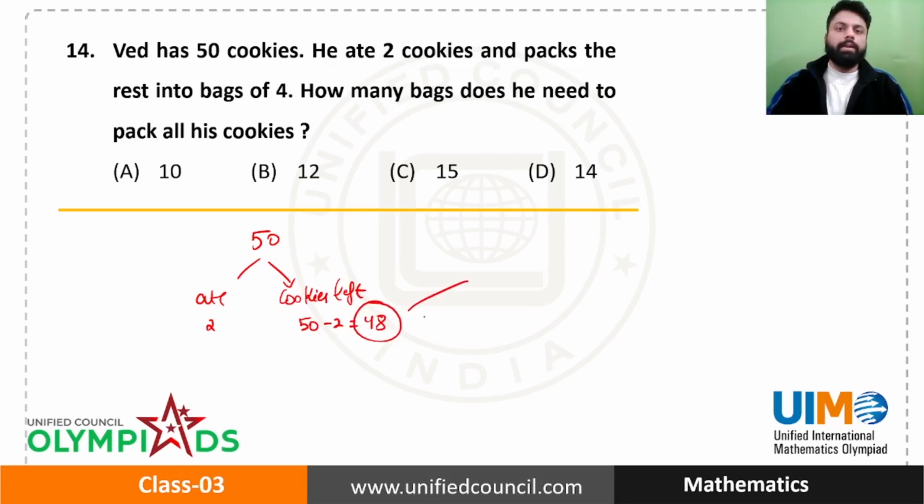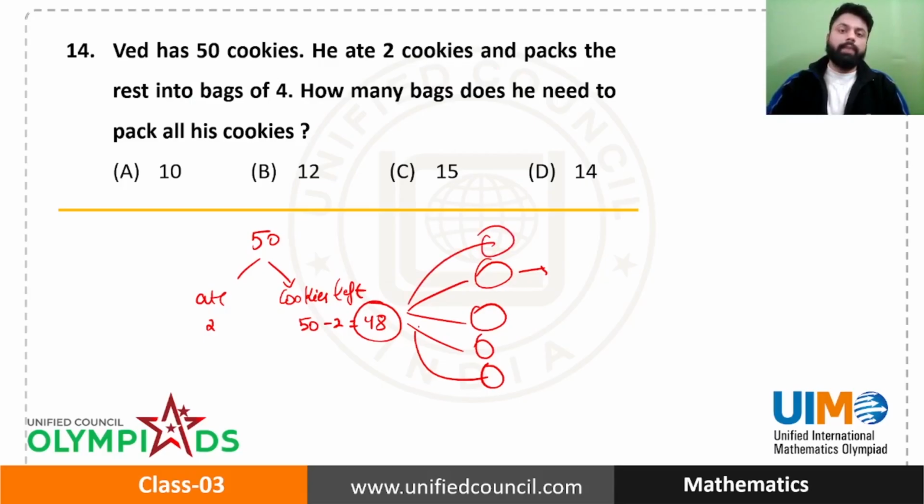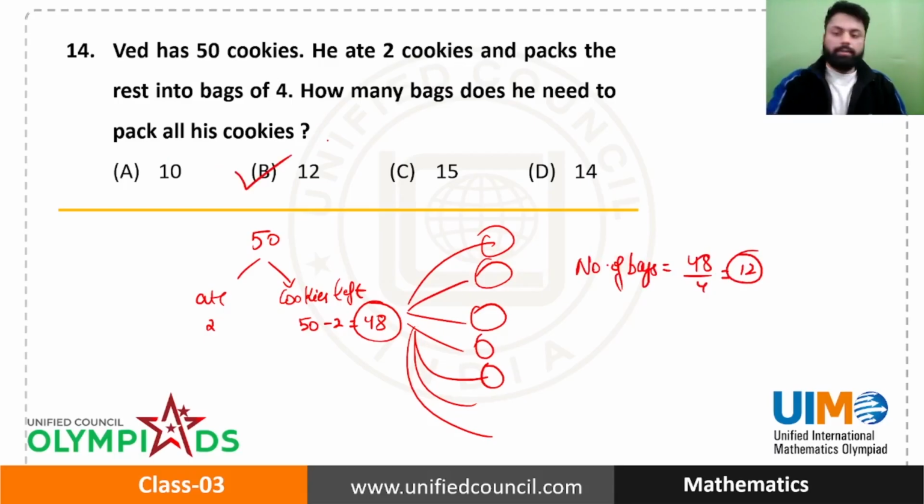How many bags does he need to pack all cookies? So there are bags of 4. In every bag, there are 4. So number of bags is equal to 48 divided by 4, that is equal to 12. C option is the correct answer.